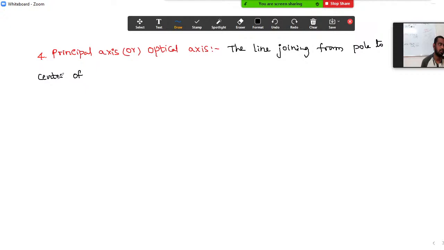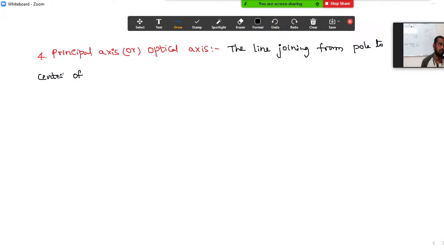And remember, if you try to draw the normal at the pole, it will merge with the principal axis. So I will say that the principal axis is also one of the normals. Is it clear? I am repeating: the principal axis is also a normal.